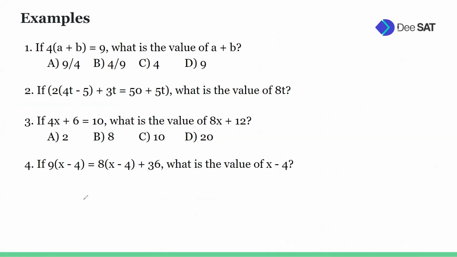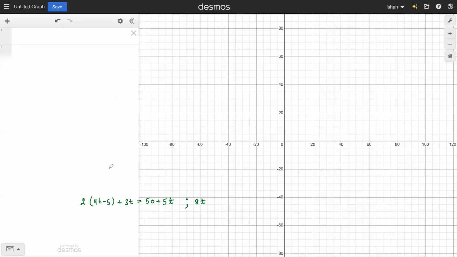It says if 2 times 4t minus 5 plus 3t is equivalent to 50 plus 5t, what is the value of 8t? Again, the variable given over here, t, is a regression variable.